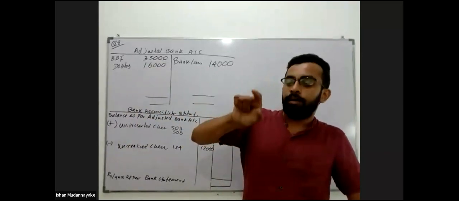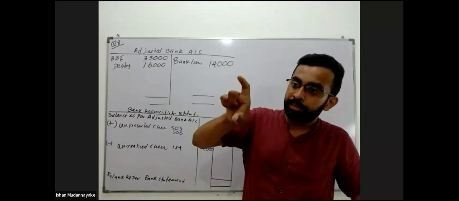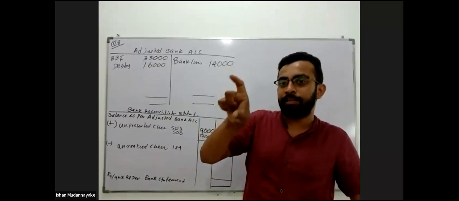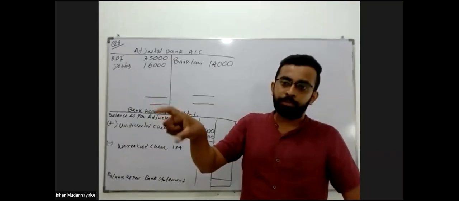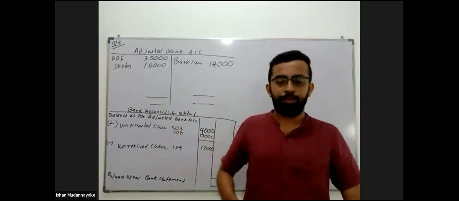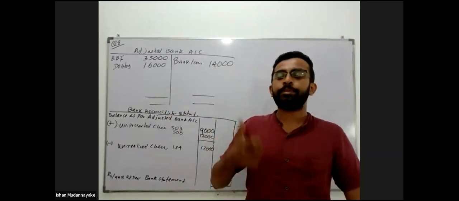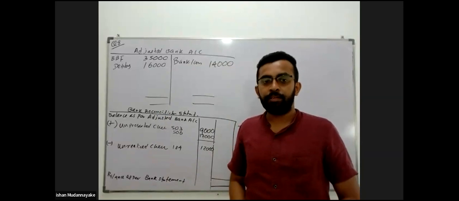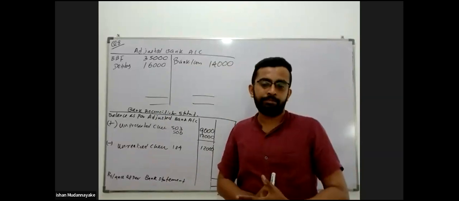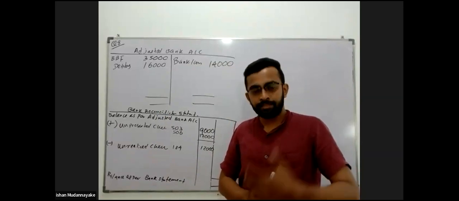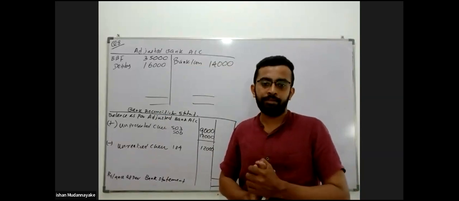And if the balance available on the credit side of the bank account is not available in the bank statement, then that is an unpresented check. Debit side missing check is an unrealized check. Credit side missing check is an unpresented check.